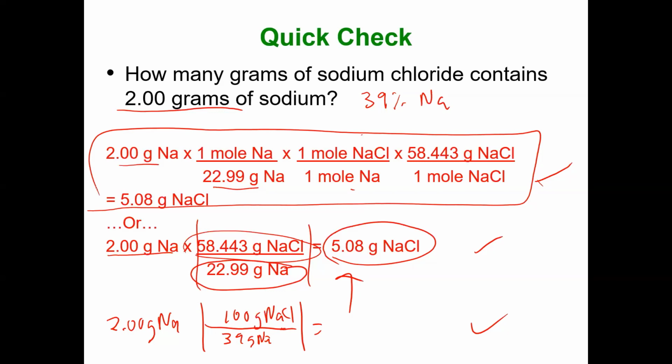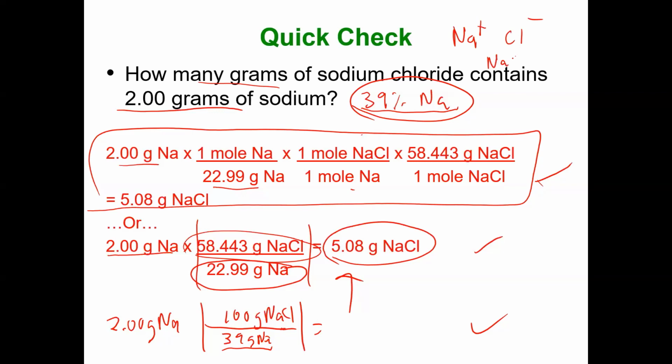Or if they give you the percent, which sometimes they do, any percent, you just change to 100, right? So 39% of sodium means 39 grams of sodium per 100 grams of sodium chloride. If they don't give you a percent and they're just saying how many grams of sodium in sodium chloride, well, you'd have to say, all right, well, sodium is a +1, chloride's a -1.